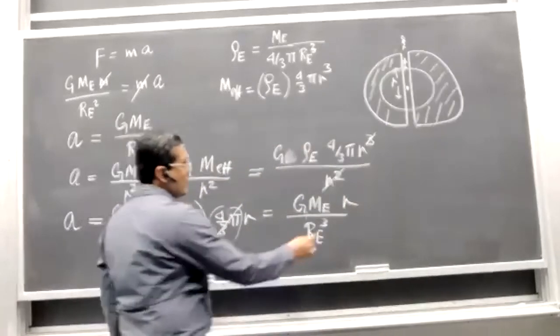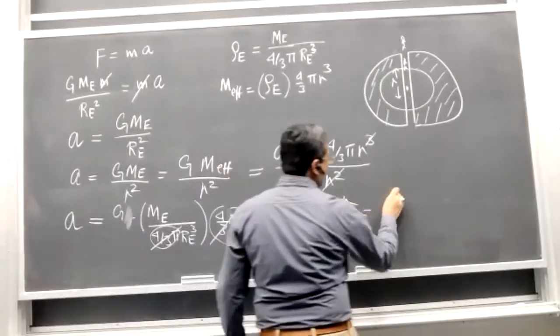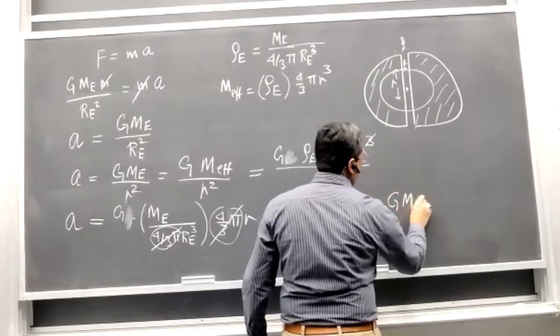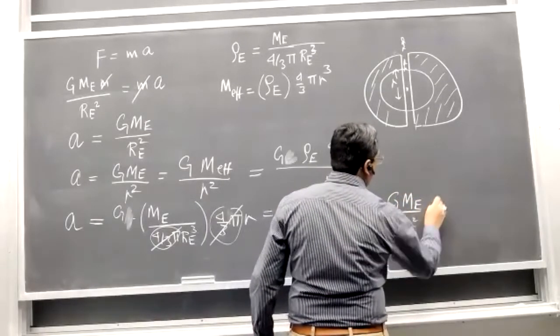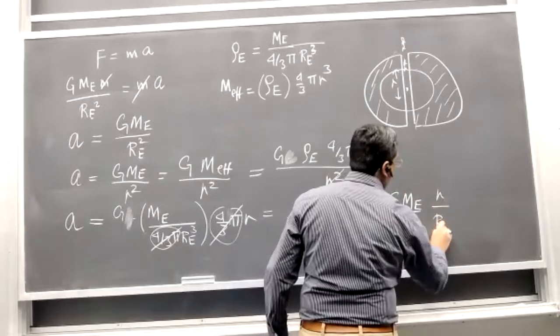I can rewrite this further like G M_E over R_E squared, R over R_E.